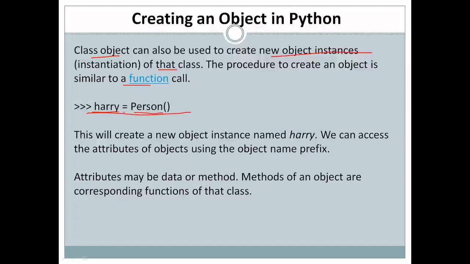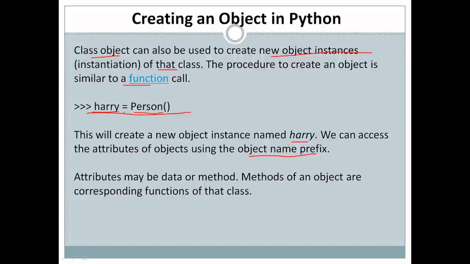This will create a new object instance named Harry, and we can access the attributes of the object using the object name prefix. Once you have the object Harry, you can access the properties of the class by using the name Harry.